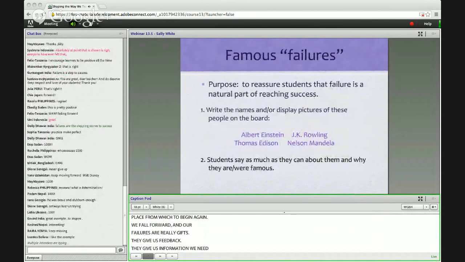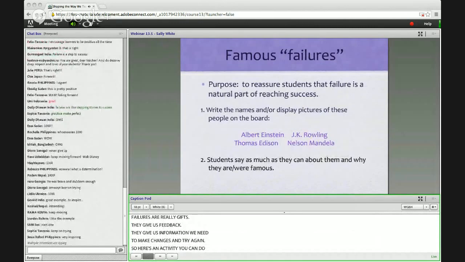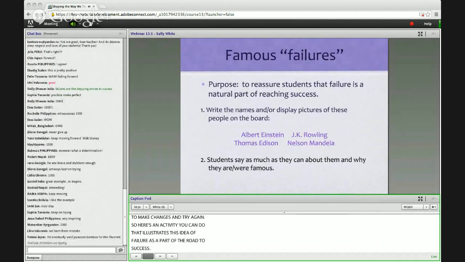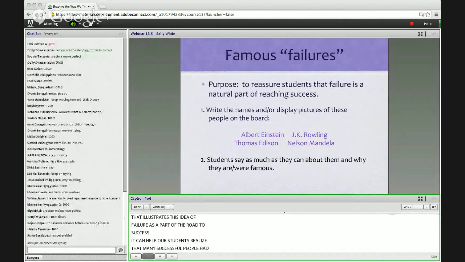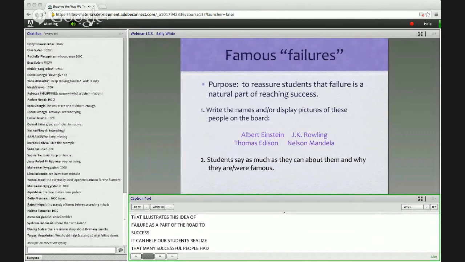So here's an activity you can do that illustrates this idea of failure as a part of the road to success. It can help our students realize that many successful people had some challenges by failing along the way. So again, the purpose is to reassure students that failing is part of the path to success.